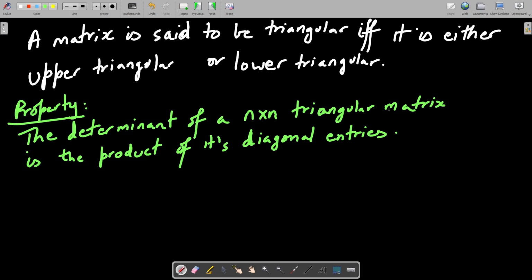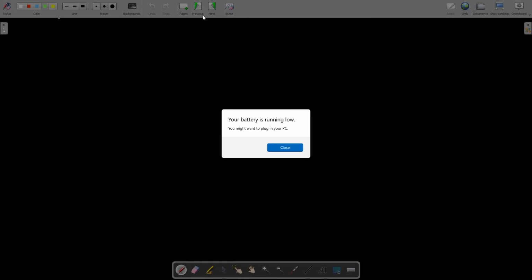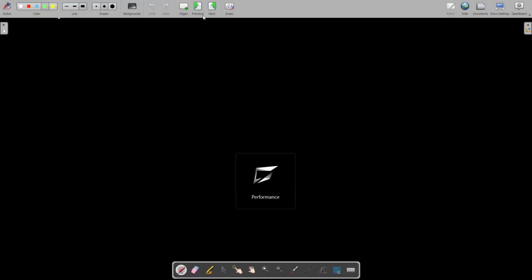I have solved examples on this above. If you go and check some of the examples we have done earlier for 3 by 3 and 2 by 2 case, one of those matrices was actually triangular, and observe that this property is true. Multiply the diagonal elements and see that the answer is same. Let me go and check it actually.